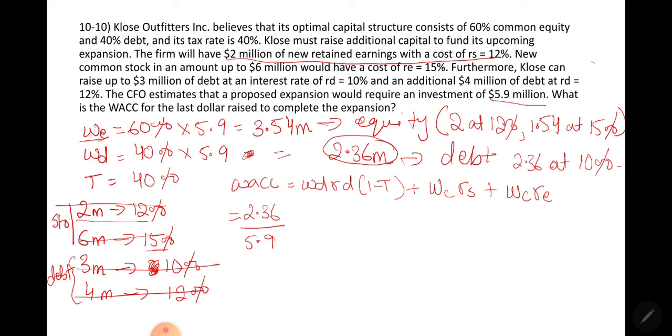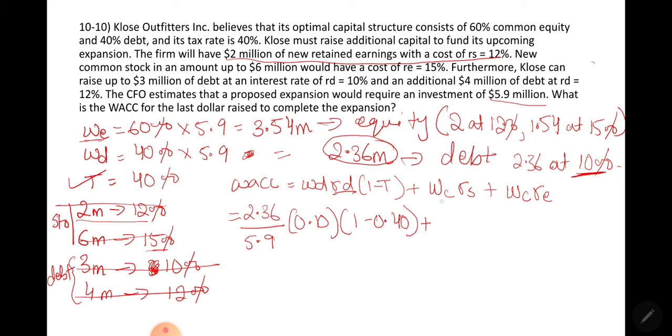So you can get the weight by doing this, which will come out to be 40%. RD will be 0.10, because we are raising this 2.36 at the cost of 10%. The tax rate was 40%, so this will be 1 minus 0.4.